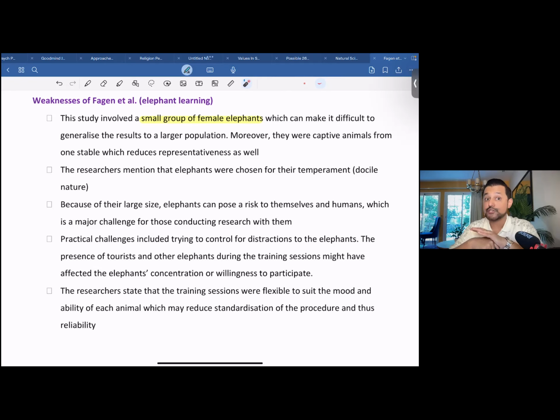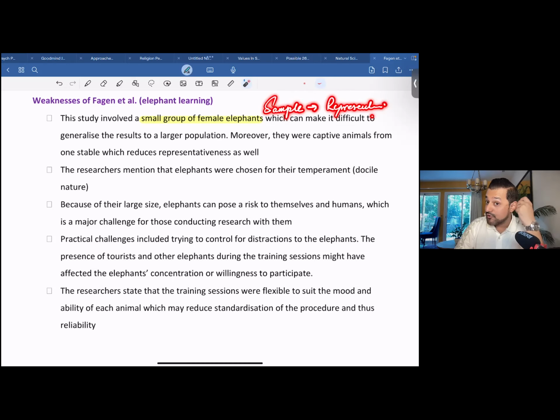Now, if you're using a small group of female elephants, that might affect the representativeness of the sample. And remember, the representativeness of the sample affects the generalizability of the findings, right? I've explained this numerous times earlier. When we speak about the sample, we typically use the term representativeness, right?